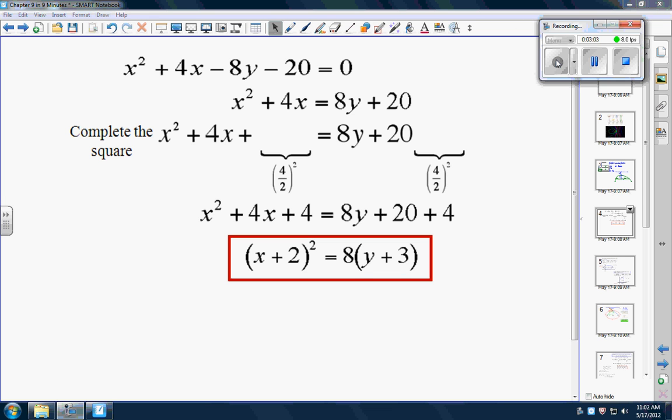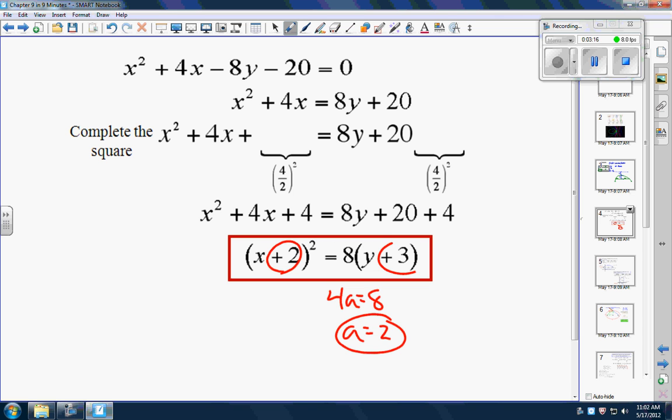We would then take this equation and say 4a equals 8. So when a equals 2, that'll help us find our focus based off our center, opposite of x and y. Then we can plug in some other values and use what we know for equations, or manipulate the 2a to get the latus rectum line.